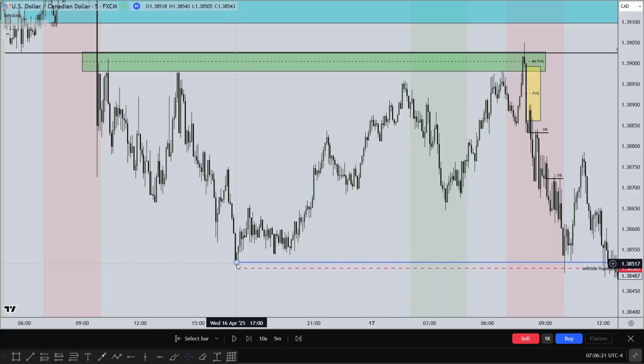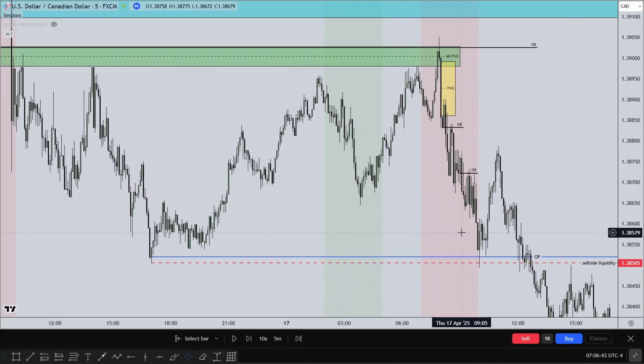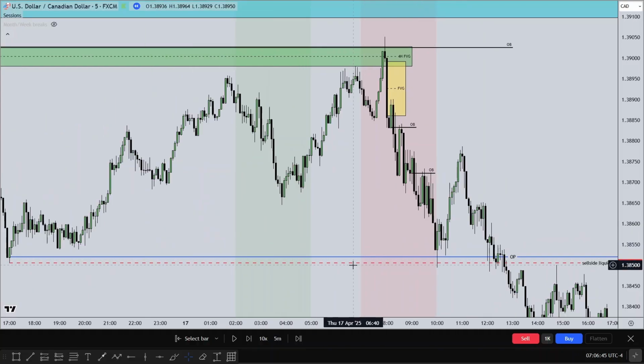And I told you I'm looking for price to trade above the opening price, to a 4 hour liquidity pool or a 1 hour liquidity pool. It should be a buy side liquidity or a fair value gap, a premium fair value gap. Price traded to a 4 hour premium fair value gap, led to lower prices, took out the sell side liquidity.